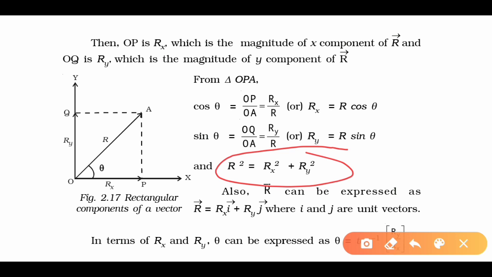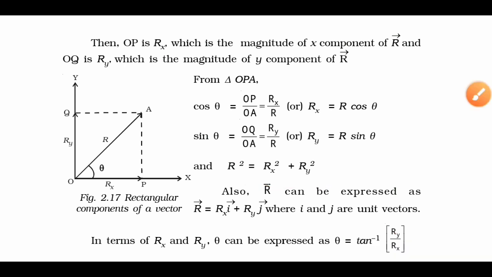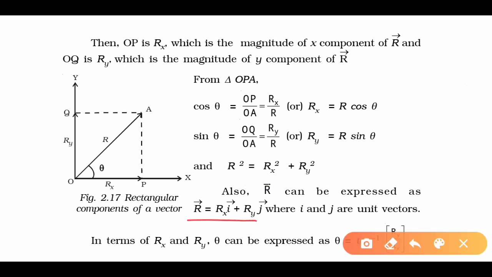Clear? Now also the R vector can be expressed as Rx i cap plus Ry j cap, because we are considering that the unit vector corresponding to the x-axis is i cap and to the y-axis is j cap.